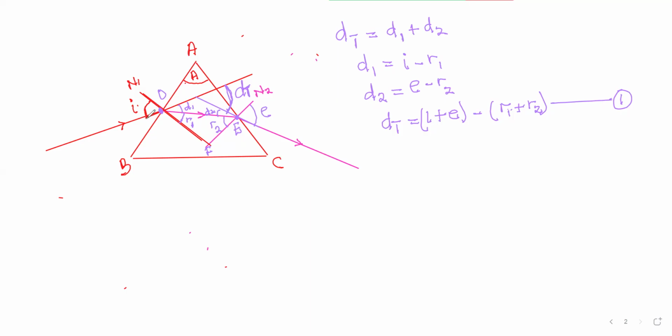The angle from the normal to the plane AB: the normal is always perpendicular to the plane. So this angle from the normal to AB is 90. This angle from the second normal to plane AC is also 90. So if this plus this is giving us 180, 90, 90, then this angle plus A must also sum up to be 180, so that the total angles in the quadrilateral will be 360.